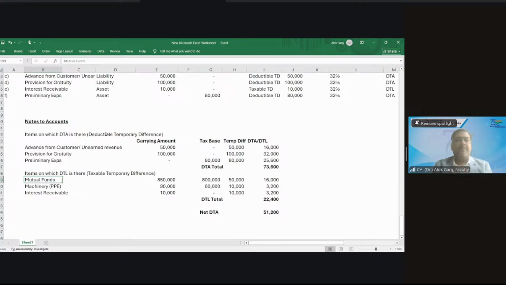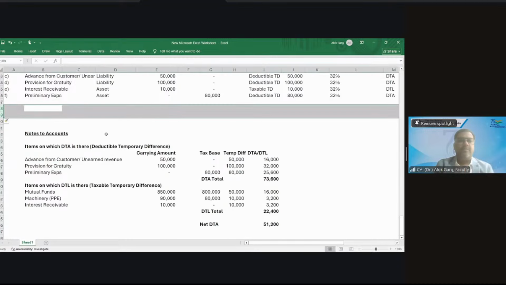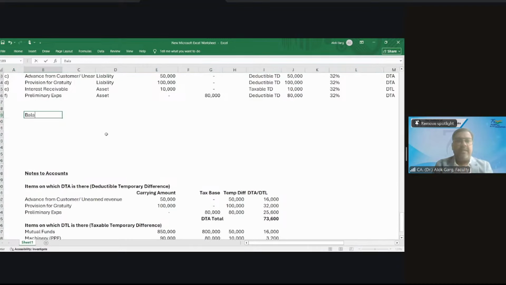Taxable temporary differences. What will come into your balance sheet as at 31st March 2025? On the asset side, non-current assets will be there.